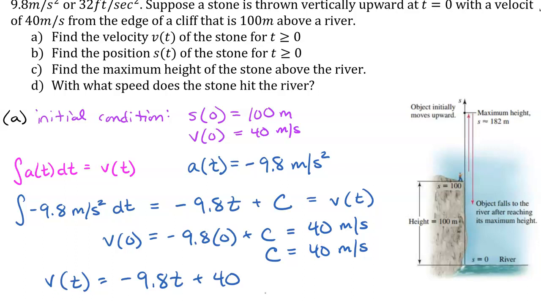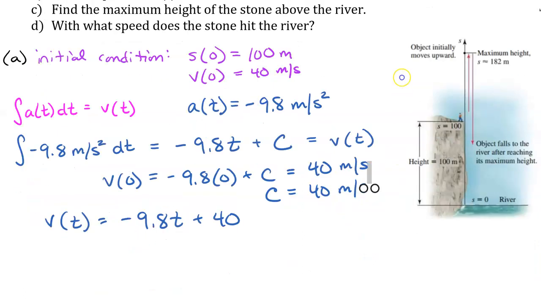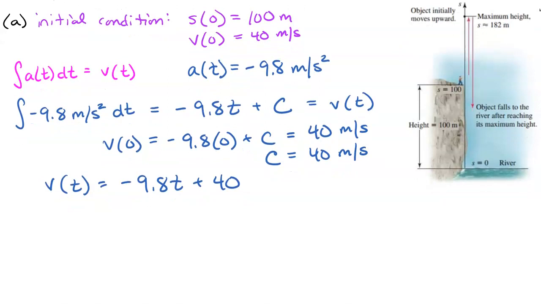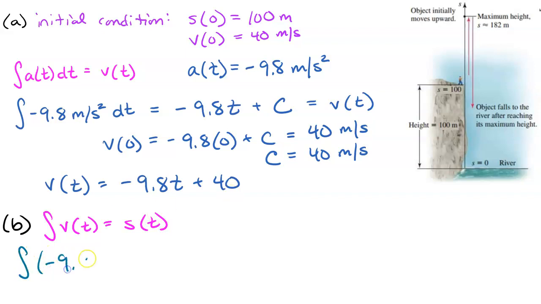For part B, finding the position function, it's along the same lines as what we were doing before. If we integrate velocity, we should get position. So let's do that. What will that give us? Well, it's the power rule.